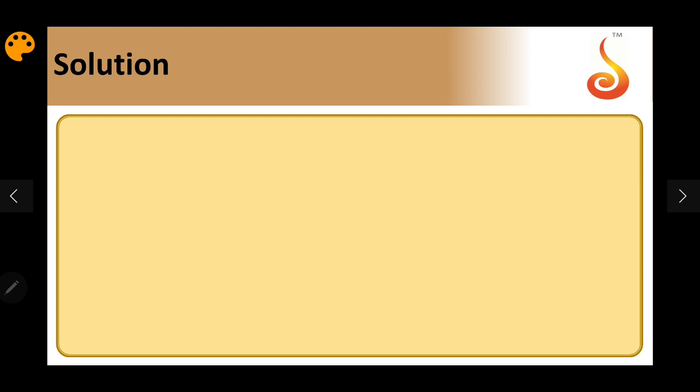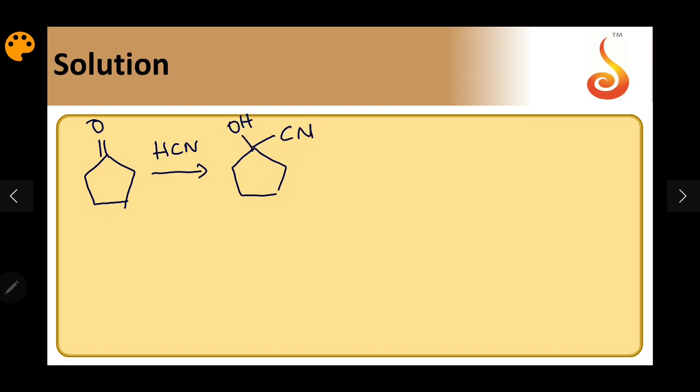The sequence starts with cyclopentanone. The first reaction is HCN. So it is nucleophilic addition. So this will become OH and CN. Now the next step is lithium aluminum hydride. Lithium aluminum hydride can reduce cyanide to primary amine. C triple bond N becomes CH2NH2. OH, then CH2NH2.